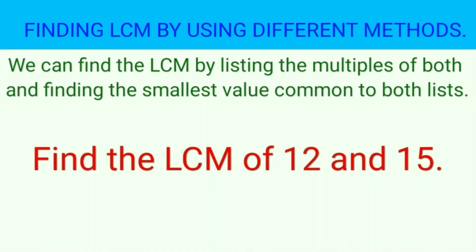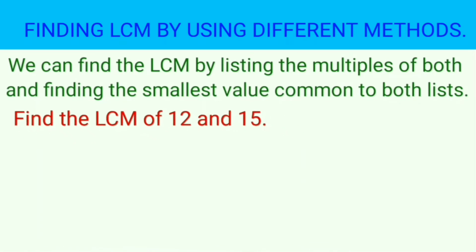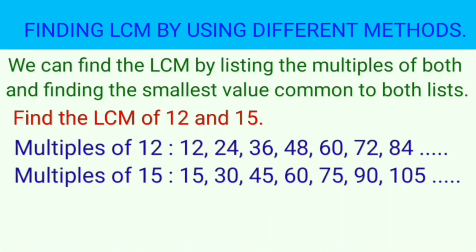Find the LCM of 12 and 15. Now we can consider the multiples of 12 and 15. Multiples of 12: 12, 24, 36, 48, 60, 72, 84 and so on.